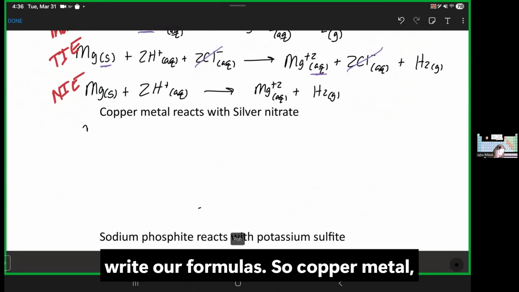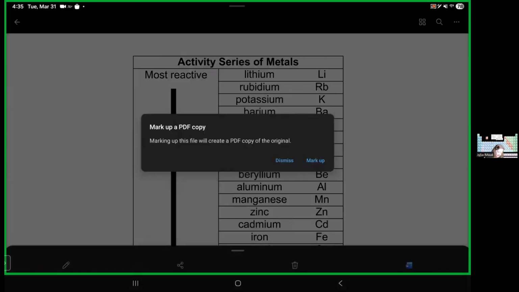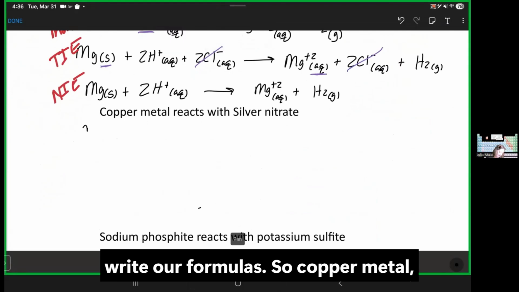There's absolutely nothing that is exactly the same on both sides. Nothing crosses out. So you just write that it is the same as the total ionic equation. You generally don't have to rewrite the whole thing. You just write that my net ionic equation is the same as my total ionic equation.